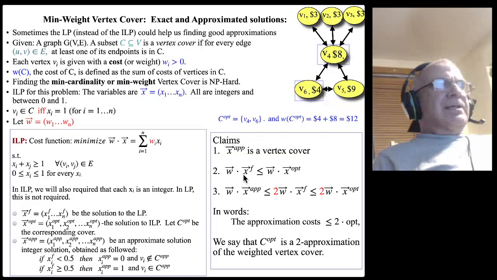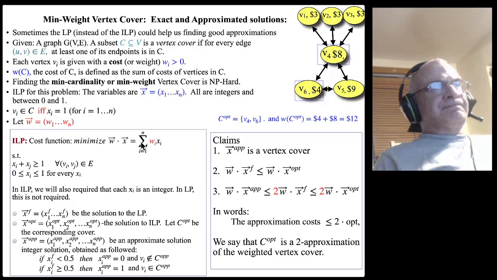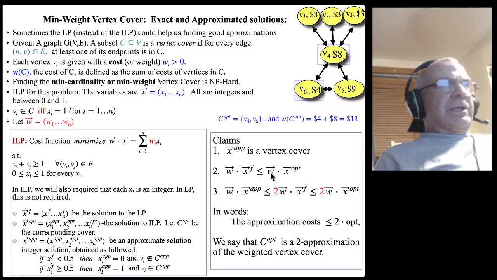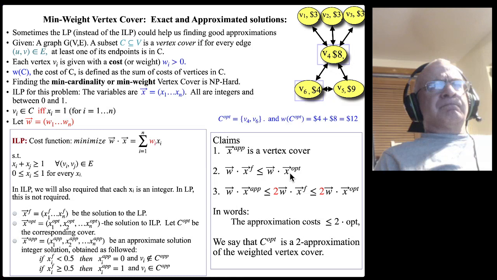I'm looking at the cost of x dot product with a vector of weights. These are just the sums of weights. This is what the linear programming is trying to optimize. And I want to convince you that this is smaller or equal than the same weight vector times the optimum solution. And that sounds very strange.